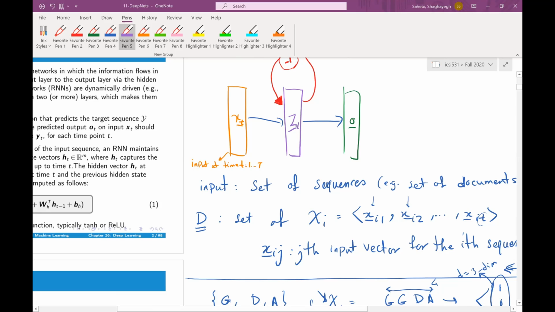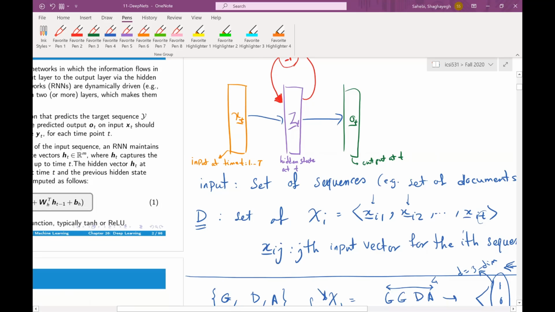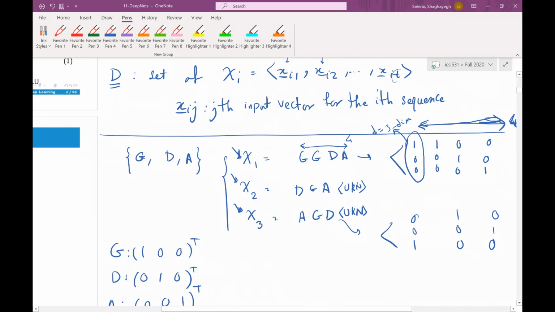We have zt, which is our hidden state at time t. And also we have our ot, which is our output at t.